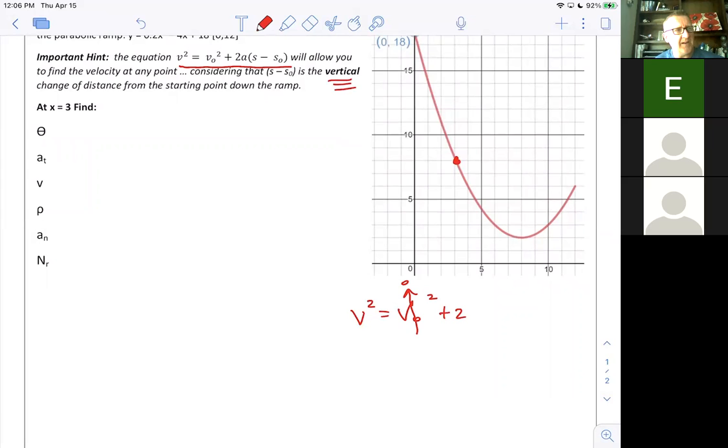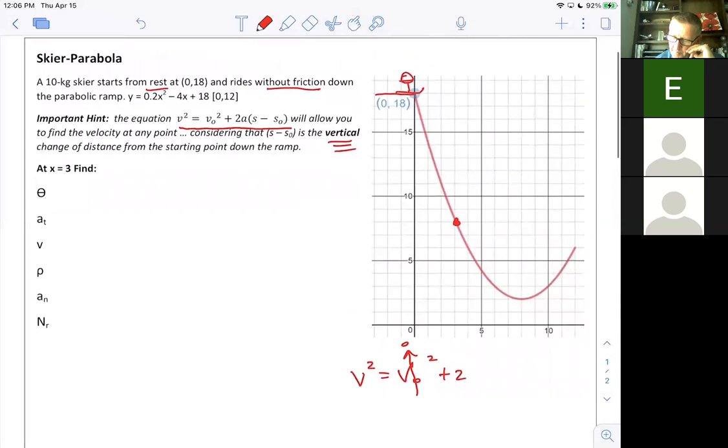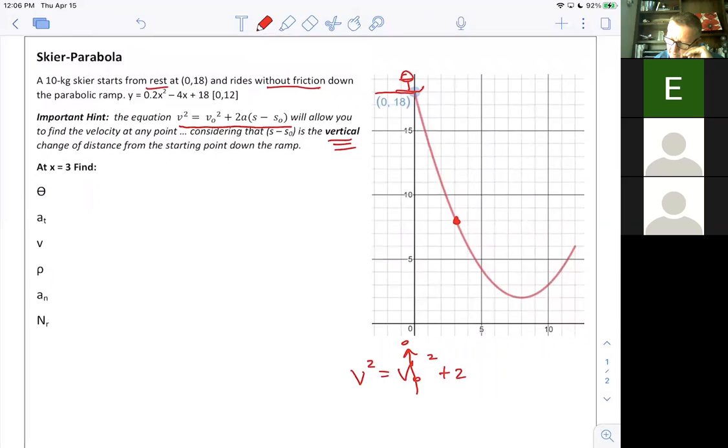Remember how we break all of our calculations into horizontal and vertical. And because this is frictionless, we're not losing anything. So this is like free falling. In other words, this is no different than free falling from a height of 18. Well, notice the coordinates of this point right here is 3, 8. So we're basically falling from 18 to 8. We're falling 10 meters.